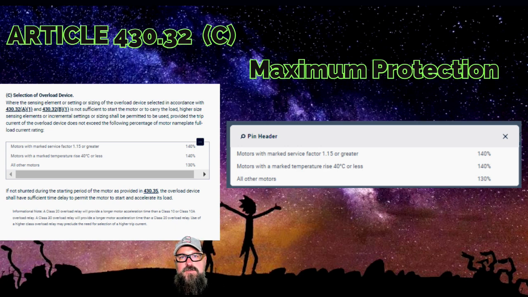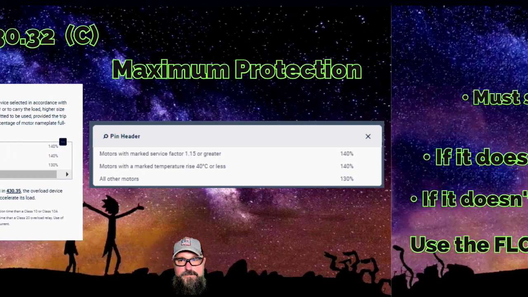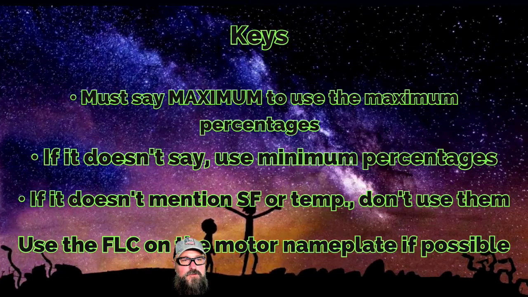You're only going to use these when the question is asking you, what is the maximum protection? That's when you're going to use this chart, and you're going to use it the same way we used the last chart to figure it out. But this is asking for maximum protection, not the minimum protection. So the key is, you must say maximum to use the maximum percentage. The question must say something about the maximum for you to use that.